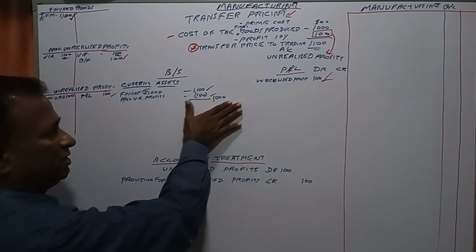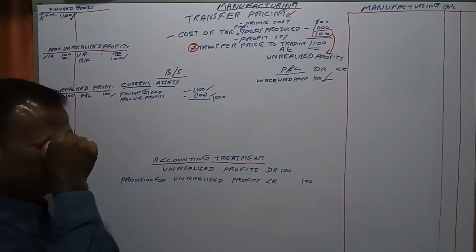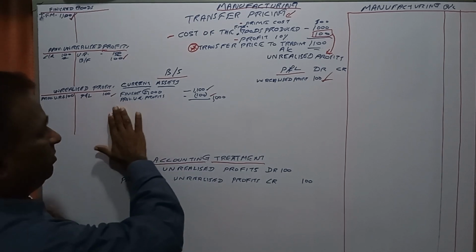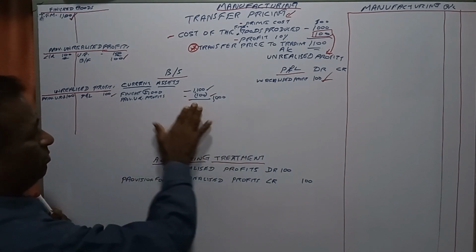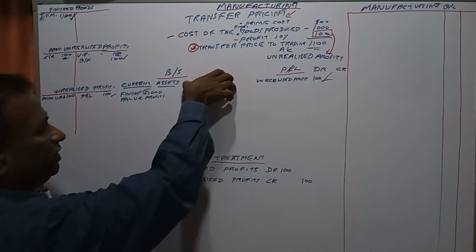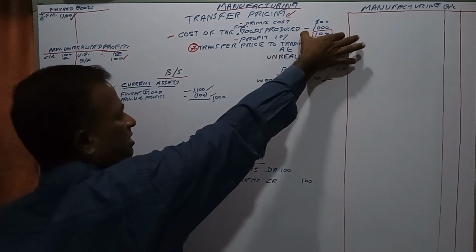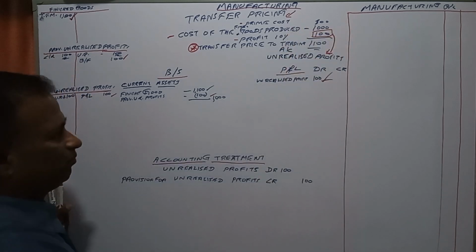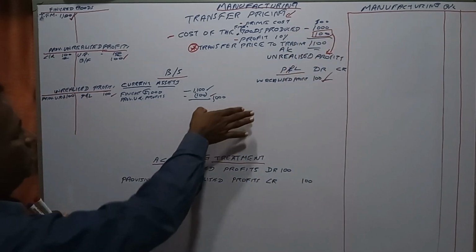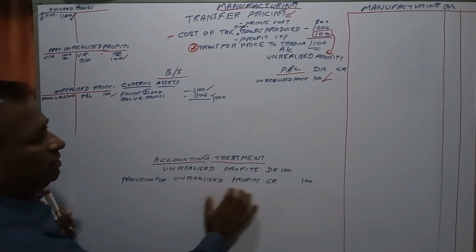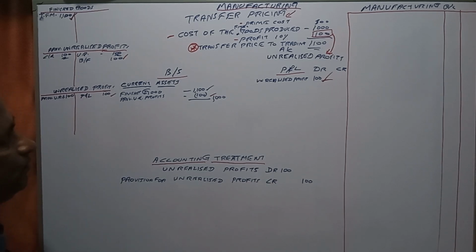At the end of the financial year, when you are doing the financial accounts, you have to eliminate the unrealized profits which are included in the finished goods, because these profits are not realized. The closing stock profits, so we are eliminating that. To eliminate, unrealized profits account debit, provision for unrealized profits account credit. This is one example.